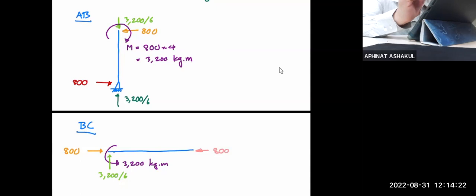That is 3200 over 6. We can easily do that because it's sigma Fx and sigma Fy. There's no other force present.